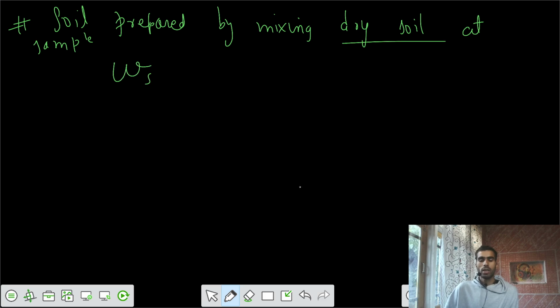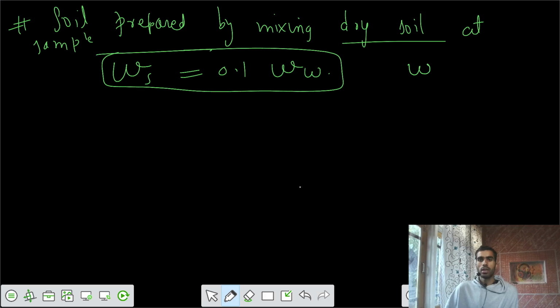Water content is weight of water by weight of solids, that is 0.1. So at this ratio of solids and water, we have to mix the dry soil such that we can have the final soil sample.